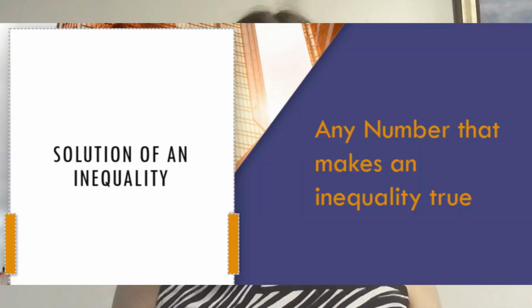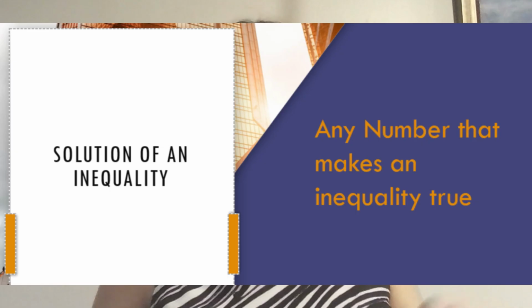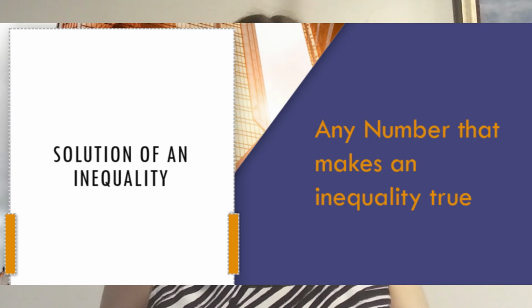Inequalities. We're going to talk about solutions of an inequality. So what is a solution of an inequality? Well, here's our definition. A solution of an inequality is any number that makes the inequality true.